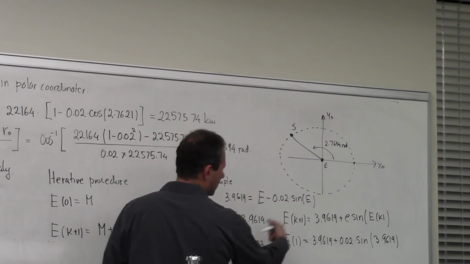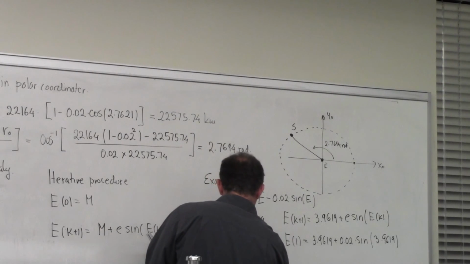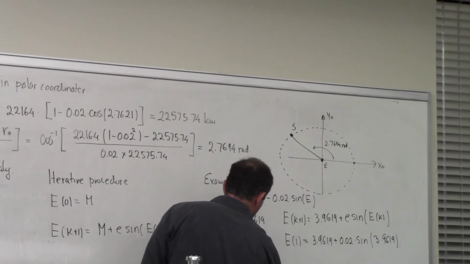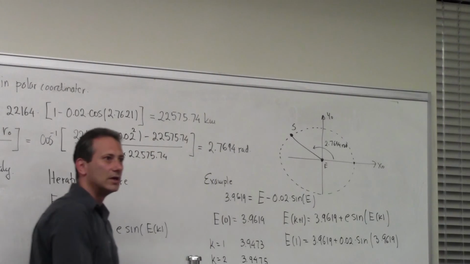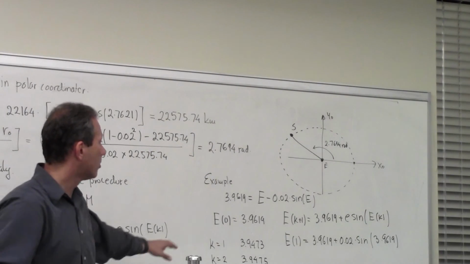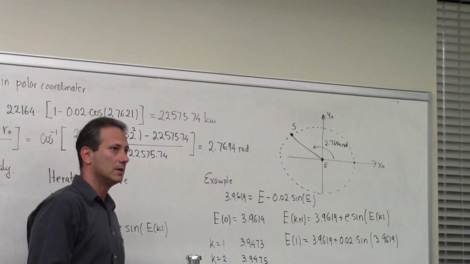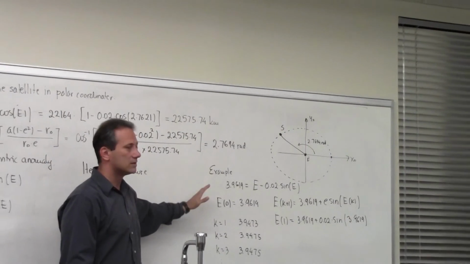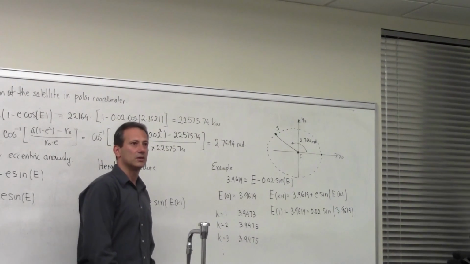Now you plug this one in to get the next estimate, so this becomes 3.9475, and this becomes 3.9475. So in 3 iterations, you get to the solution. It's relatively fast convergence for small e. If e is small, you get there relatively fast. And you can write a simple Excel sheet or a simple MATLAB script just to do these calculations.